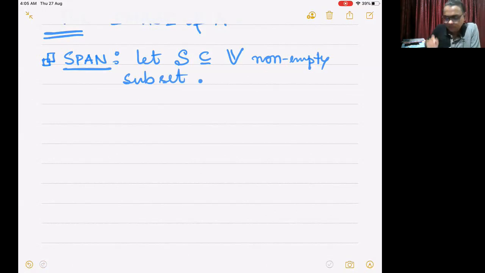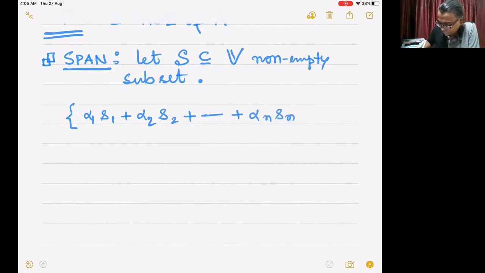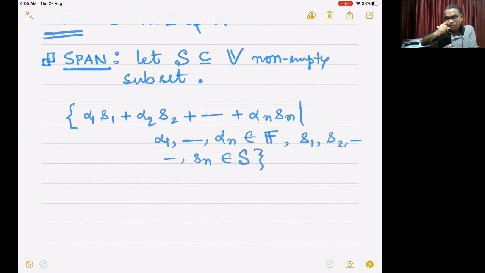I define the following set, notice carefully. I define the set of alpha 1 S1 plus alpha 2 S2 plus dot dot dot up to alpha n Sn, where alpha 1 up to alpha n are coming from the field, and S1 up to Sn are coming from the set S. So what I have done is I'm looking at all possible linear combinations of elements from the set S. The set S need not be a subspace.